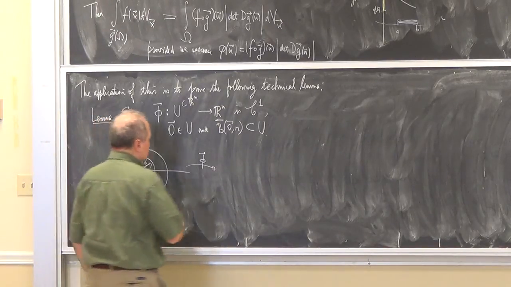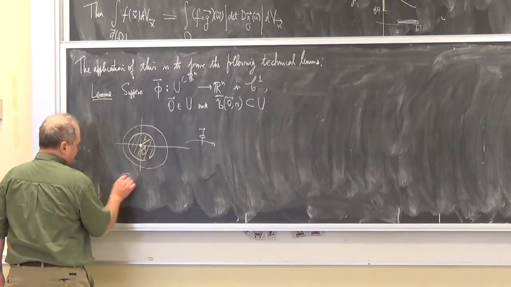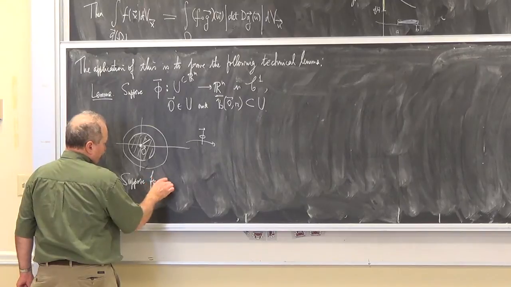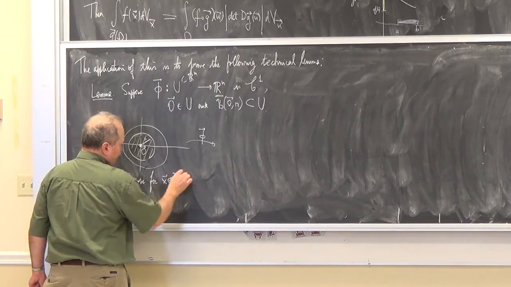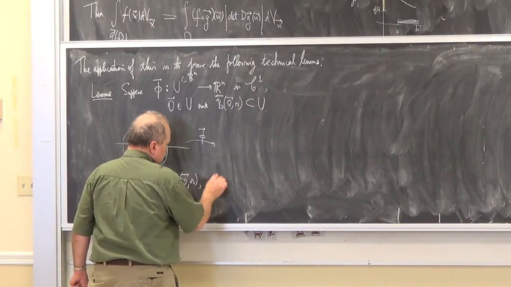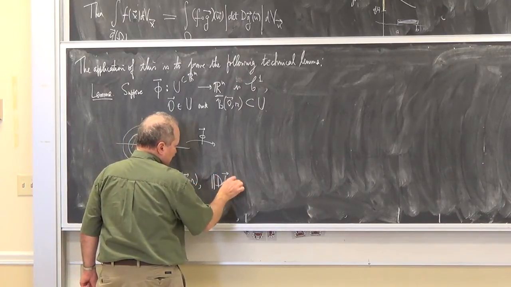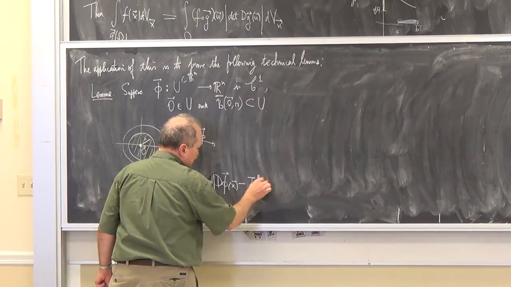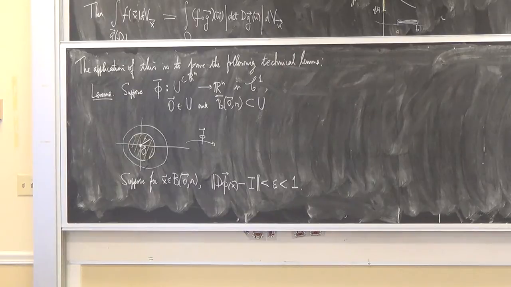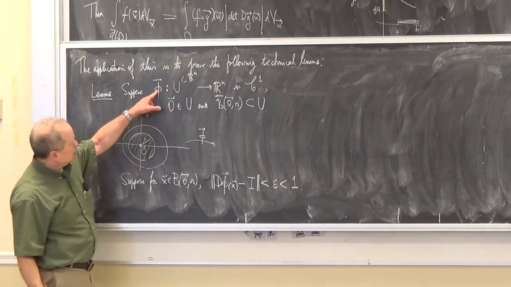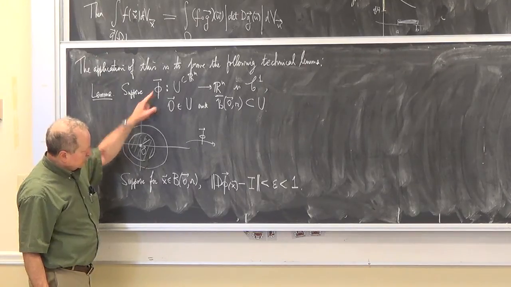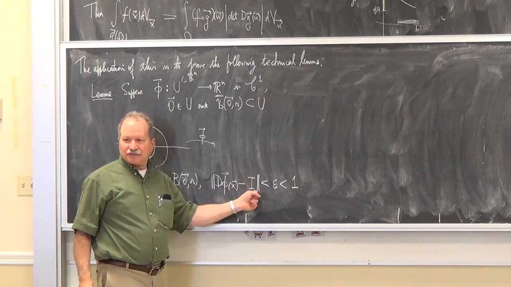So let's suppose that for x in this ball, the derivative of phi at x is very close to being the identity matrix. So the best linear approximation of phi is very close to the identity.